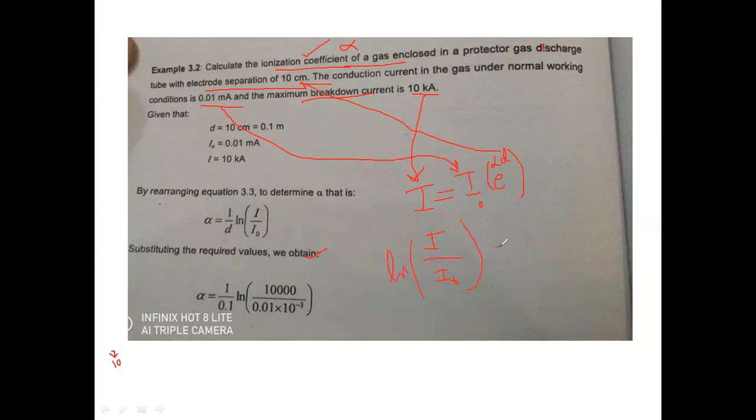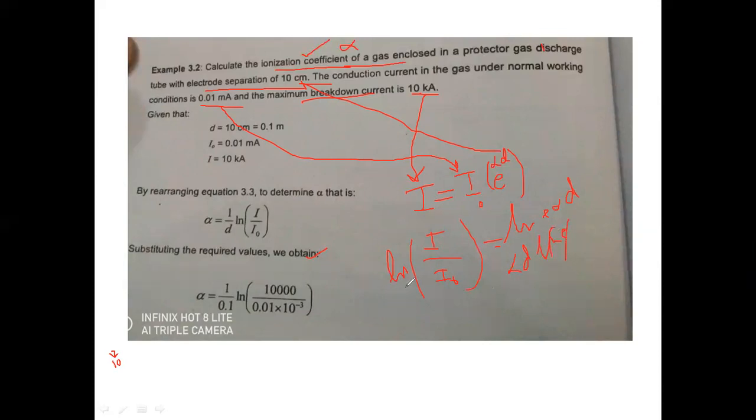ln of this is equal to ln of e to the power alpha d. Okay, so alpha d will be shifted to the coefficient, because of the log rule: the power of any variable having a power can be shifted to the coefficient. So ln of e will be equal to 1.